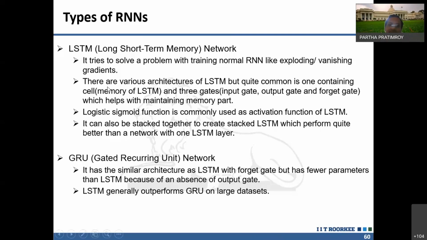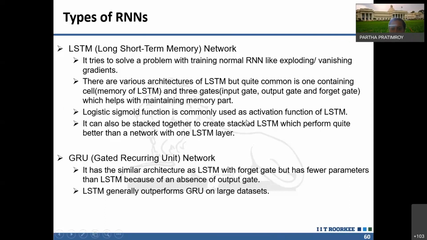The LSTM is a little more complex than the RNN because it is more advanced, so that it does not process all information. Whichever information is not important, it removes, and it has an architecture which retains the information for longer.